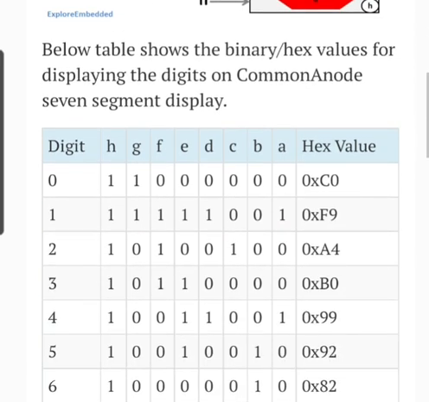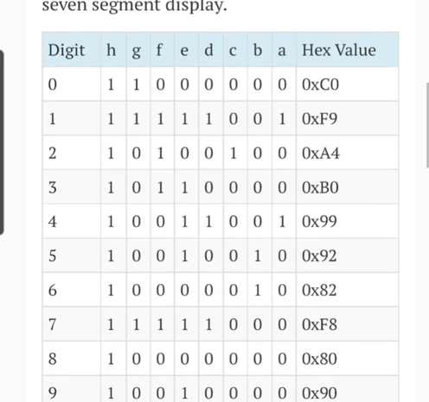Common anode means all the anodes are connected to plus 5 volt, that is VCC, and the cathode pins, that is A to G, are all connected to ground, that is low.